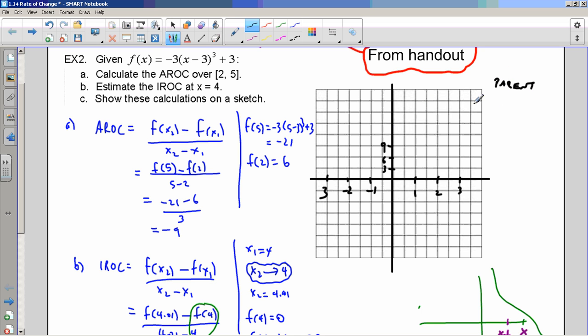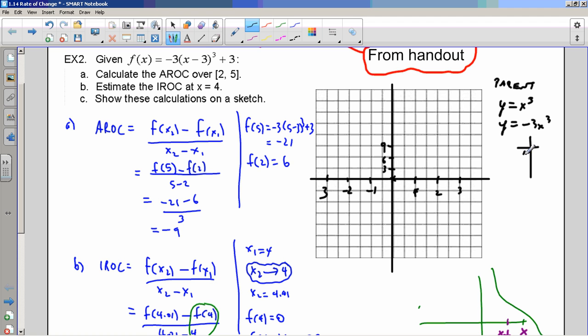of this sketch, and this is good review because we've got a test coming up soon, right? The parent function goes through 1, 1, but then if I stretch it and flip it, then instead of 1, 1, it's going to be 1, -3. It's going to go through here, isn't it? And then the next one would normally be 2, 8, right?